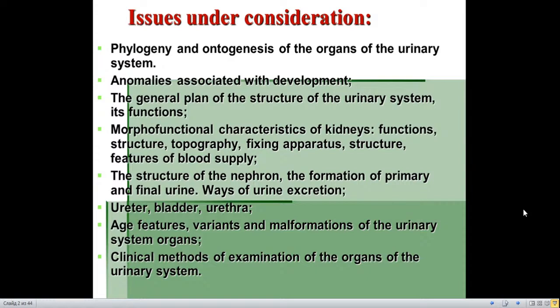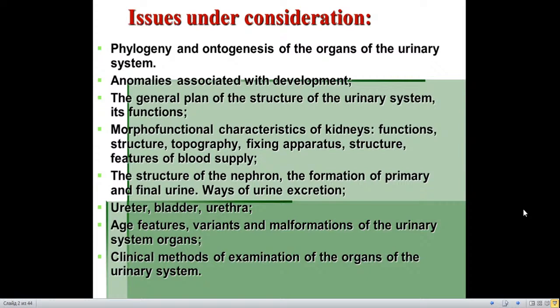Next, morphofunctional characteristic of kidneys, function, structure, topography, fixing apparatus, structure features, and blood supply. Next, the structure of the nephron, the formation of the primary and final urine, ways of urine excretion, ureter, bladder, urethra.